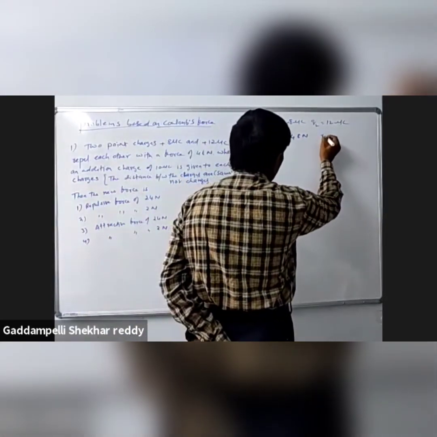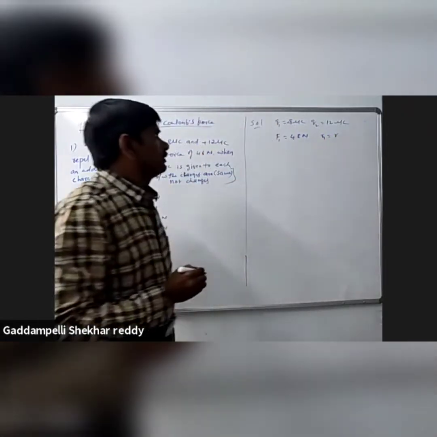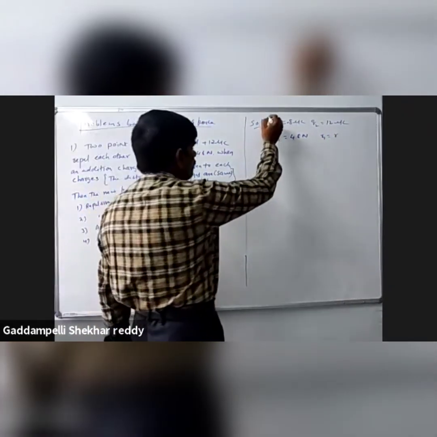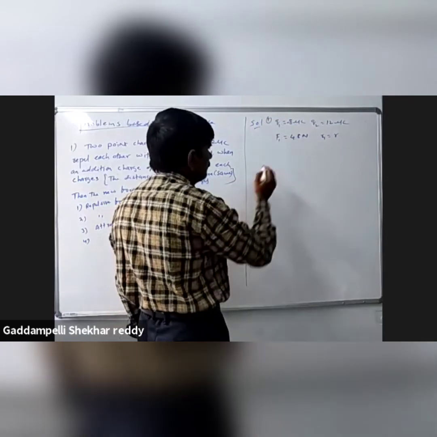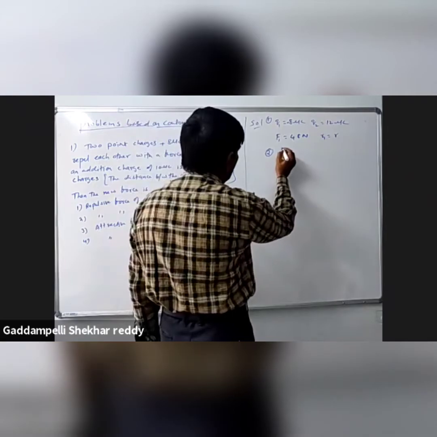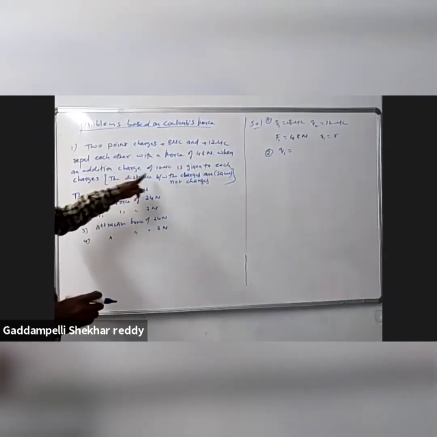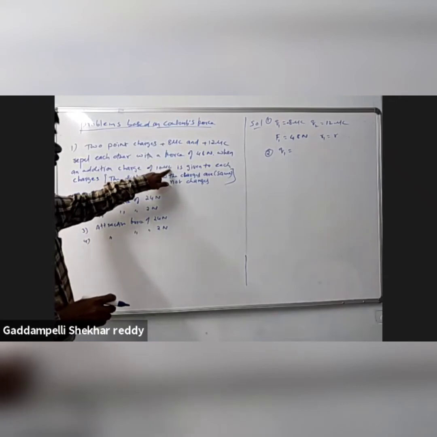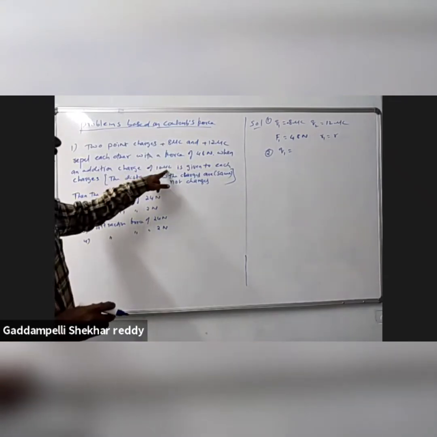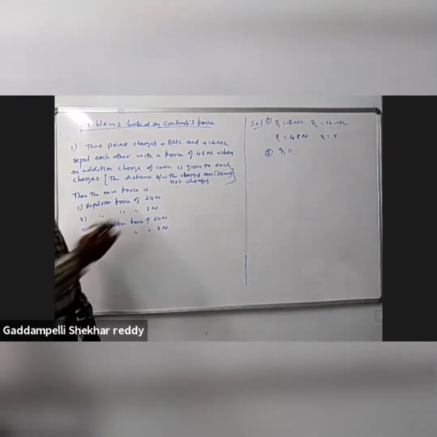Here let R1 be equal to R. This is case 1. After that, case 2: Q1 is equal to 10 microcoulomb, minus 10.